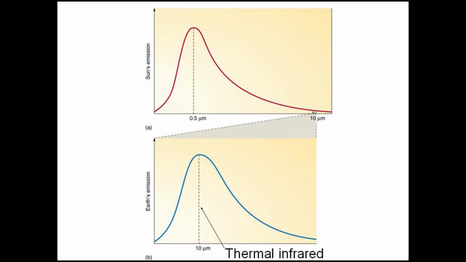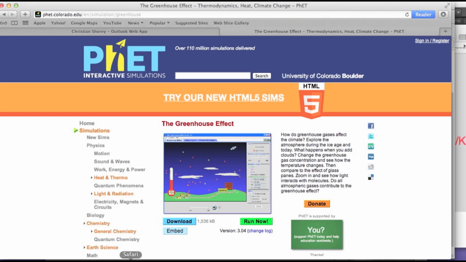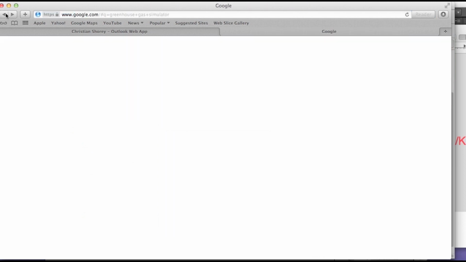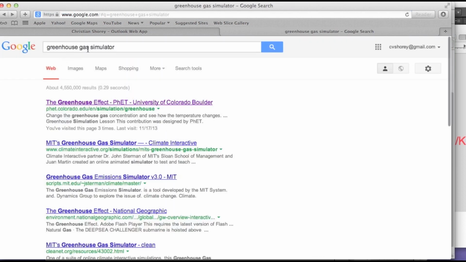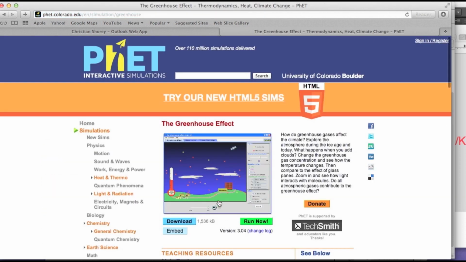Now let's take a look at the greenhouse effect simulator from our sister school at the University of Colorado in Boulder. If you go to your favorite web browser and just search for greenhouse gas simulator, this greenhouse effect PhET University of Colorado Boulder should come up, and when you go there you can download it or run it.